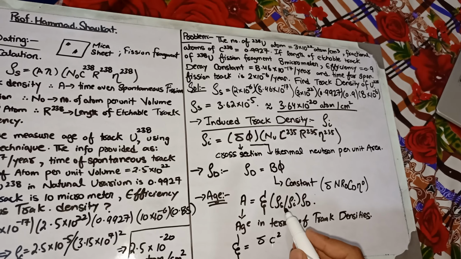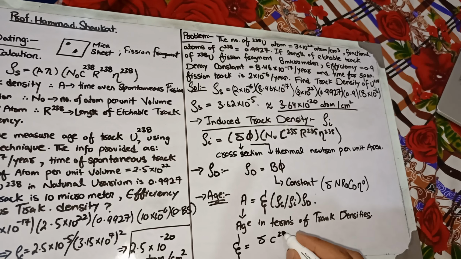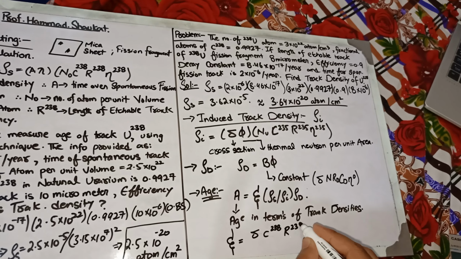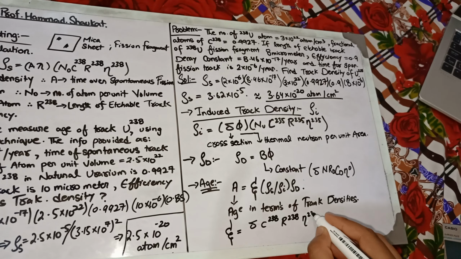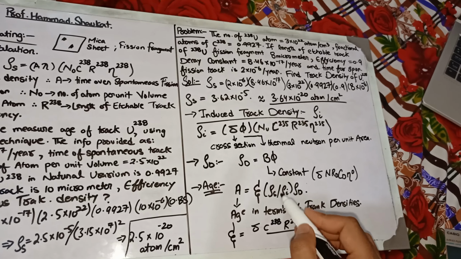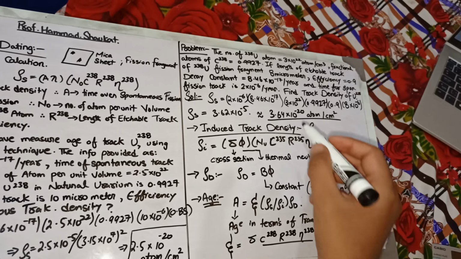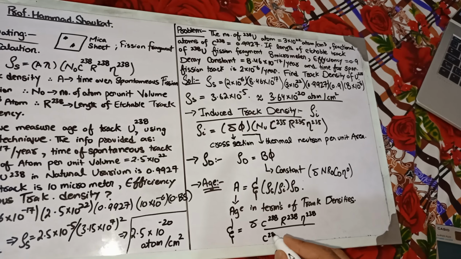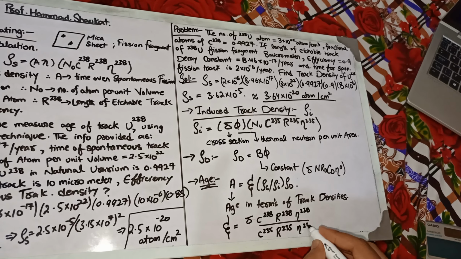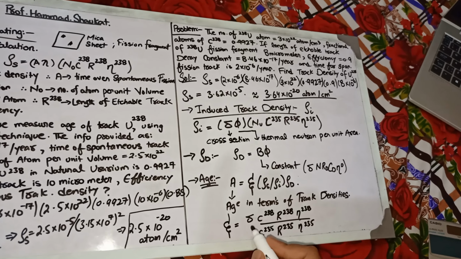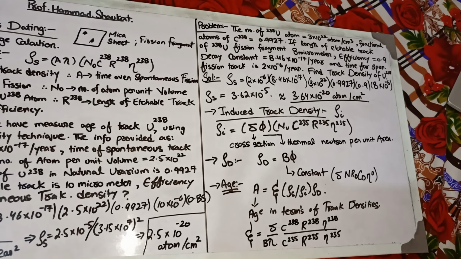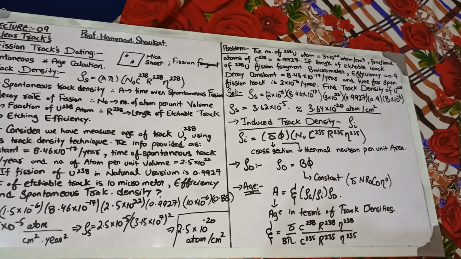You know that in spontaneous we take 238, so C238, R238 divided by eta 238, divided by the ratio with induced track density, where we take 235, so C235, R235, eta 235, again divided by B lambda here. So this is how you can find the age.